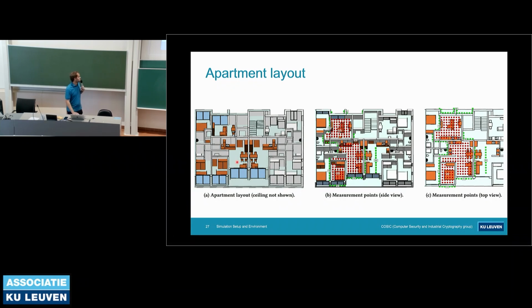So what did we do? We put some points, as you can see with the squares or the cubes, depending how you look at it. Each cube represents one transceiver. In the simulation, these devices all talk with each other and record the corresponding RSS.